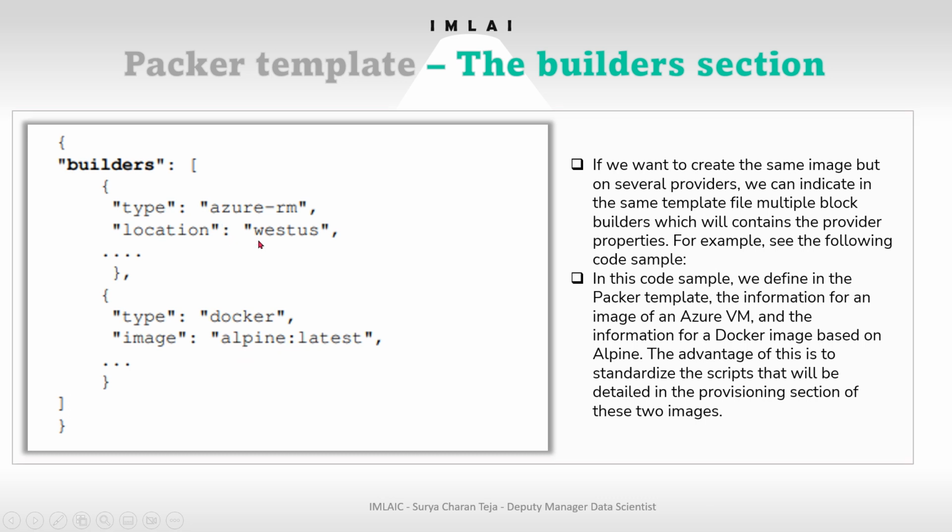This is how you can mention two or multiple providers. In this code snippet, we define in the Packer template the information for an image of an Azure VM and the information for a Docker image based on Alpine.